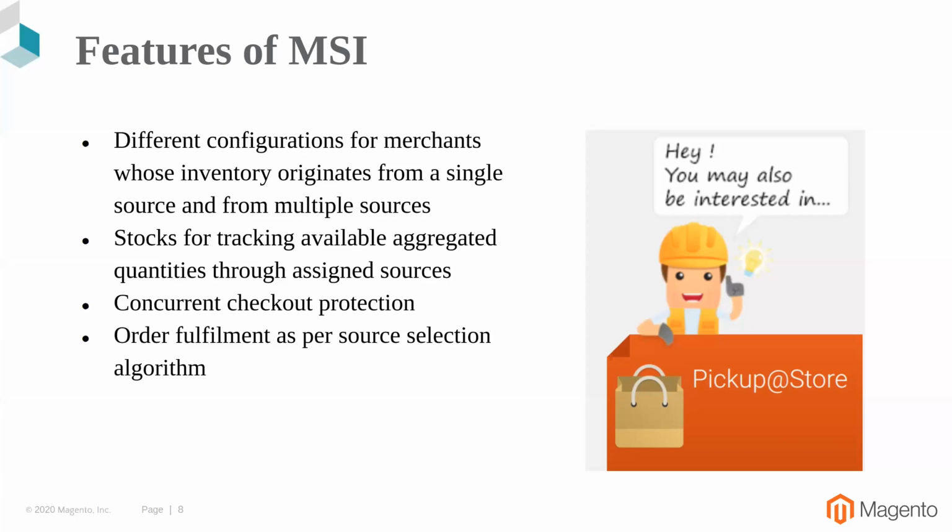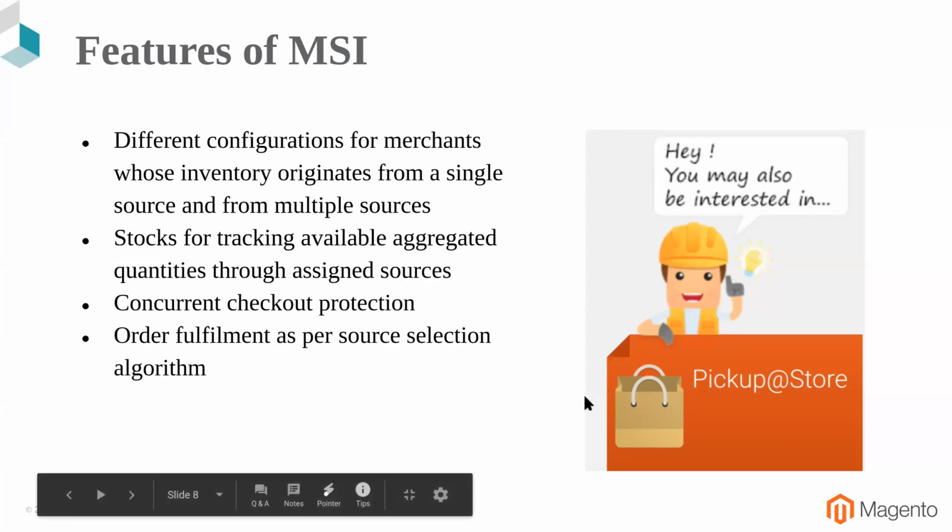As MSI uses the reservation mechanism, it reserves the quantity of a particular product for the customer throughout the shipment, so that the customer can receive their order correctly, even though the latency between order placement and order shipment is longer. Then we have the feature where a merchant can select the source selection for their shipment. We'll see what the source selection algorithm is in later slides.